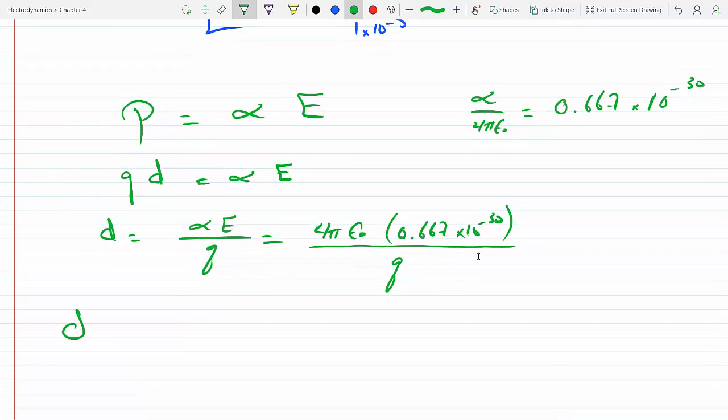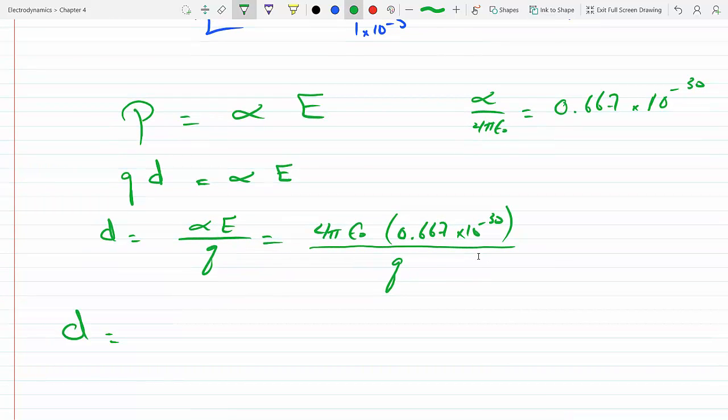Now if you remember, 1 over 4 pi epsilon is 8.99 times 10 to the 9.